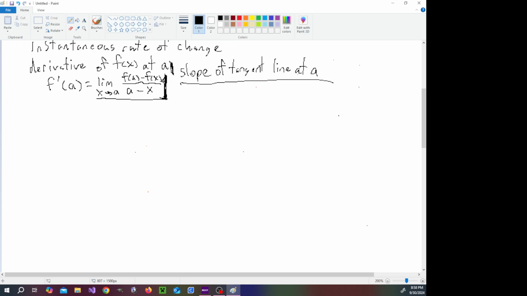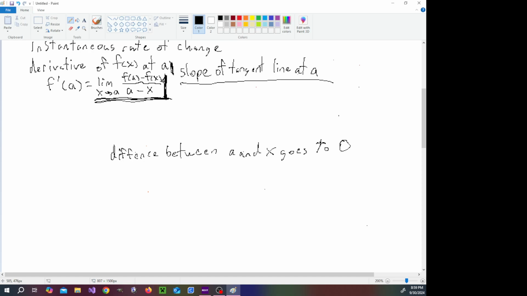So it turns out we can tweak this definition of the derivative ever so slightly. So the idea here is that the difference between a and x goes to 0, right?